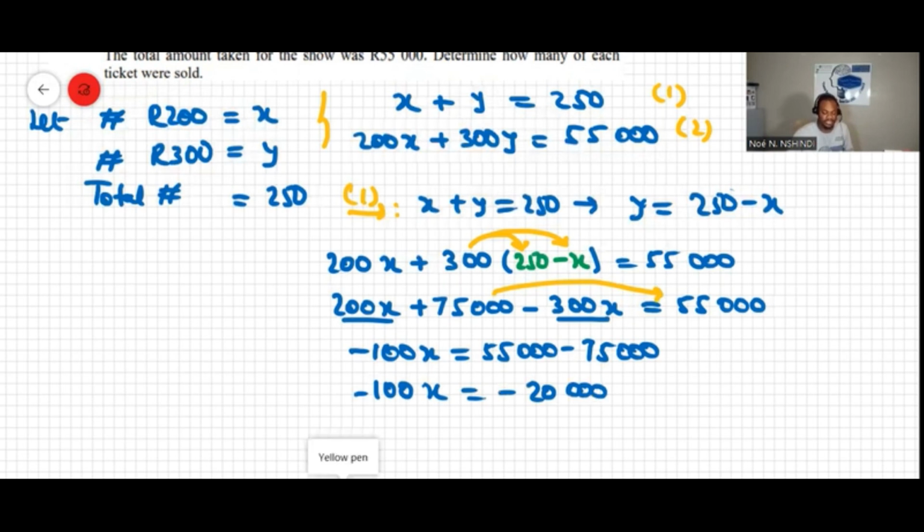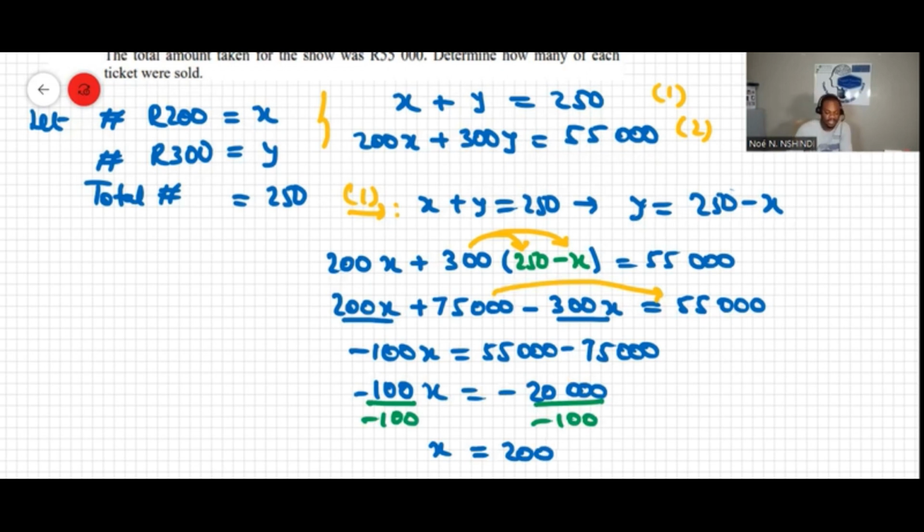So we divide both sides by negative 100, and then we'll get x equal to 200.